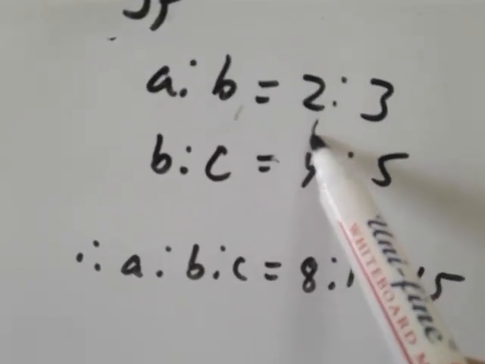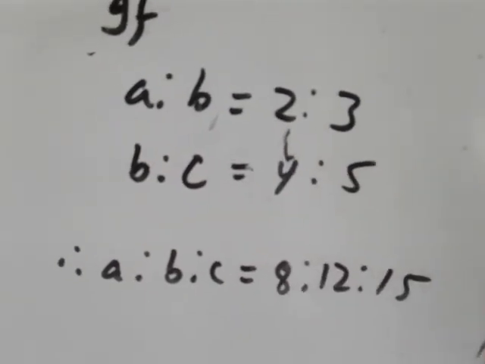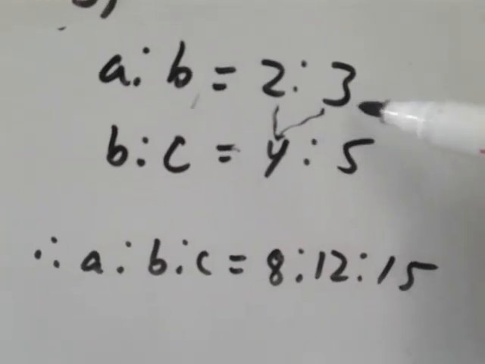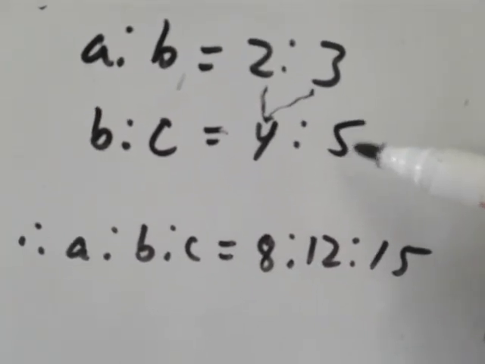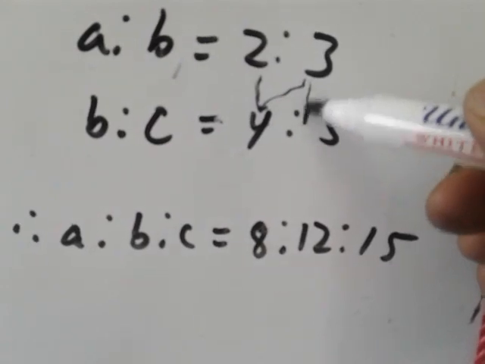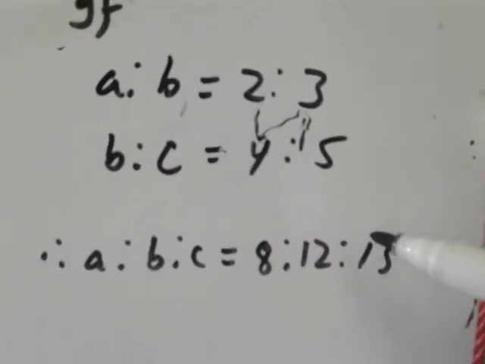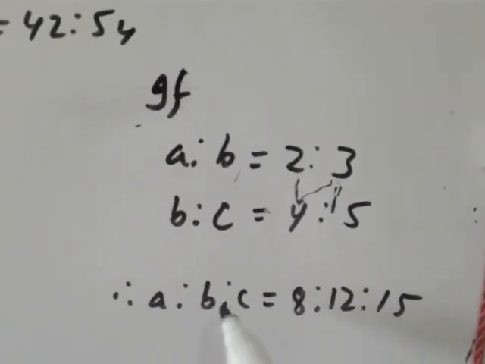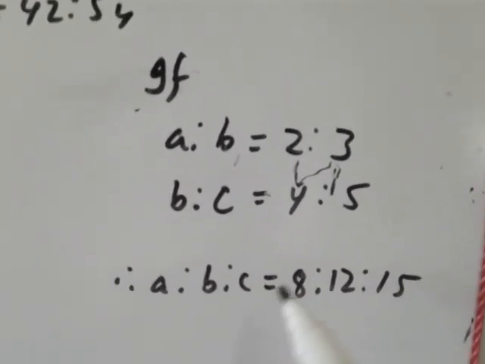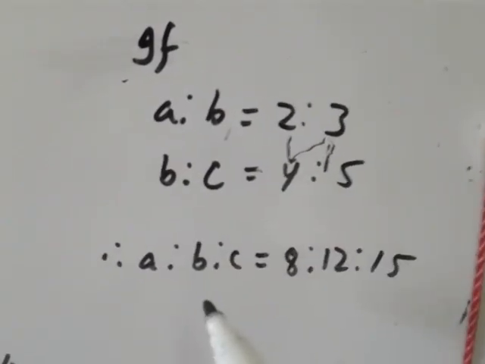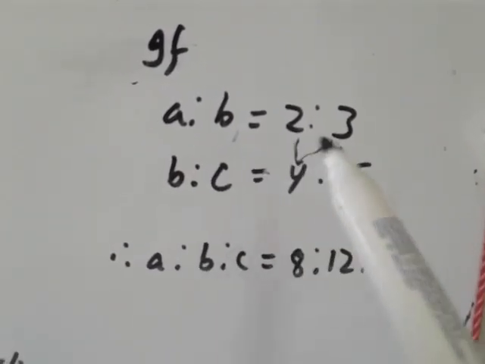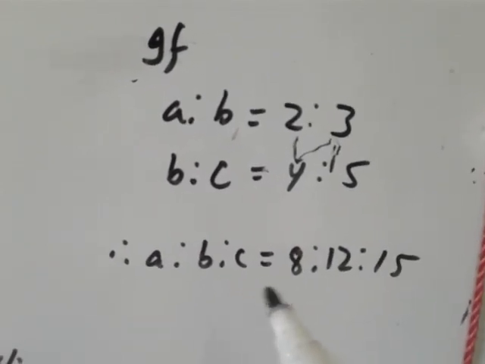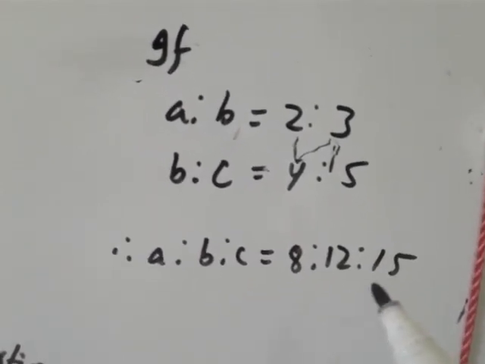So to find out three quantities in successive ratio, continued proportion, we have to find like this: A is to B equal to 2 is to 3 and B is to C equal to 4 is to 5. Then A is to B is to C equal to 8 is to 12 is to 15.